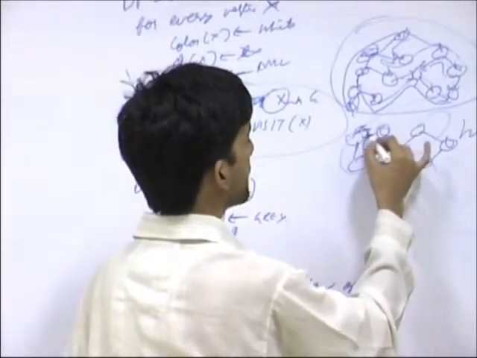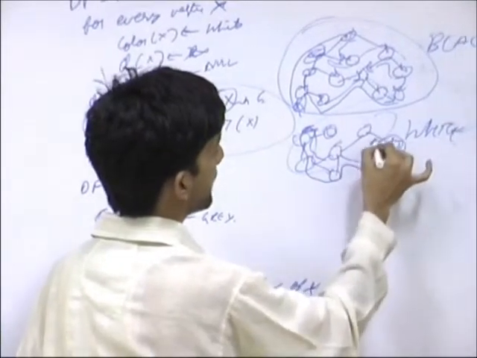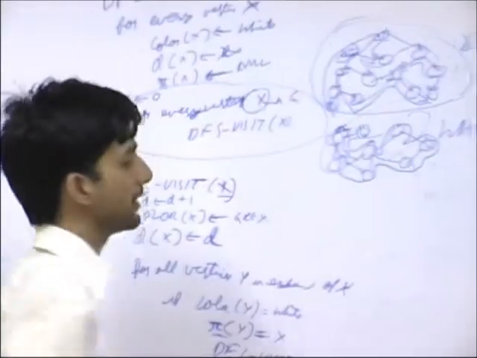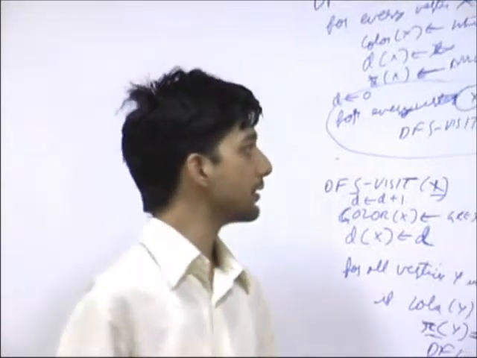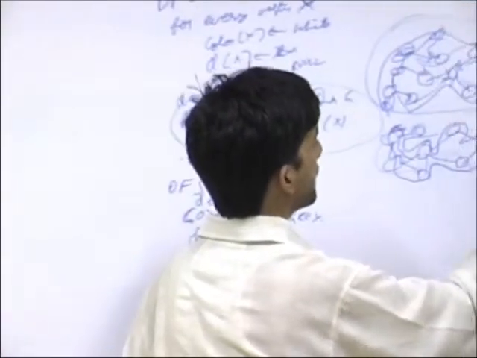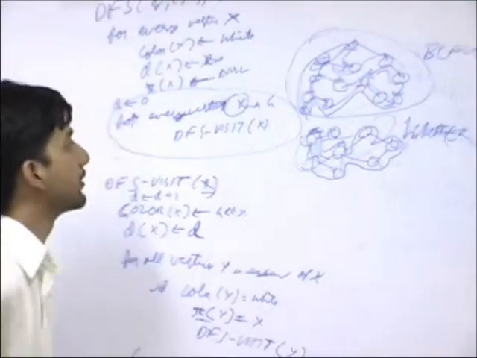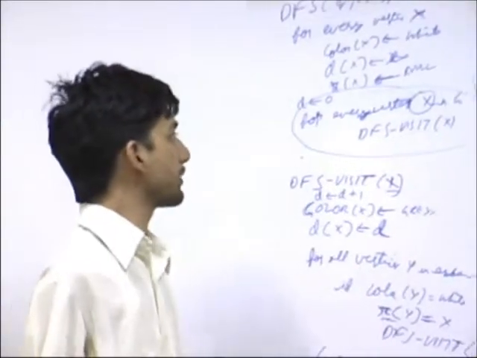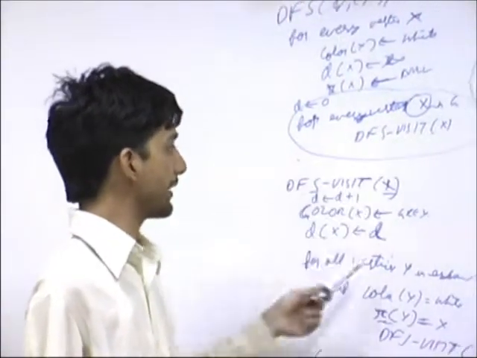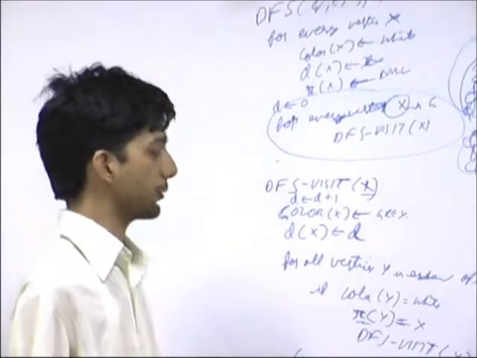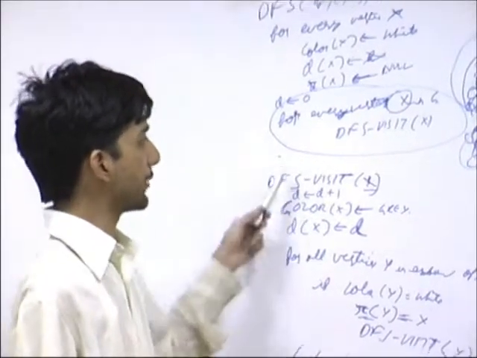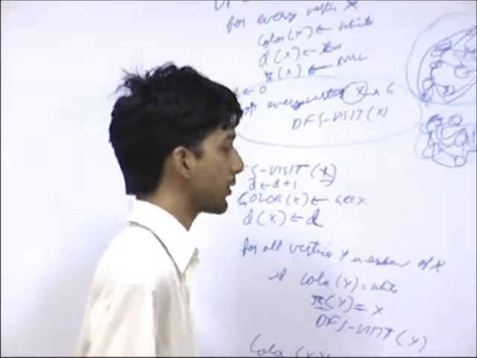And then the search continues. So it tries to go inside, and finally goes back, and towards the end they all become black. So over here I'm trying to find new white nodes, and over here I'm trying to go inside, and towards the end I can get my solution.